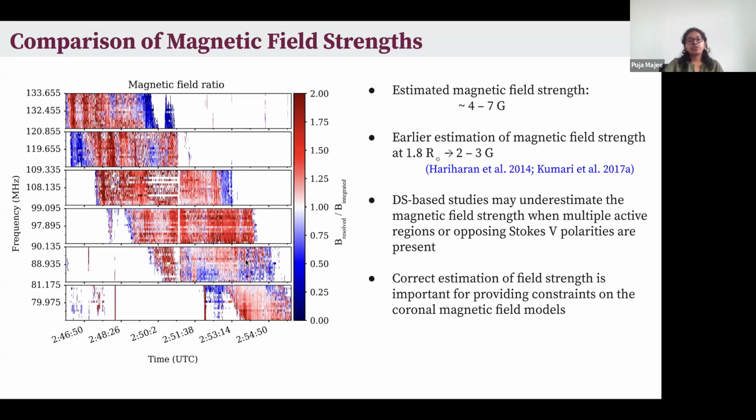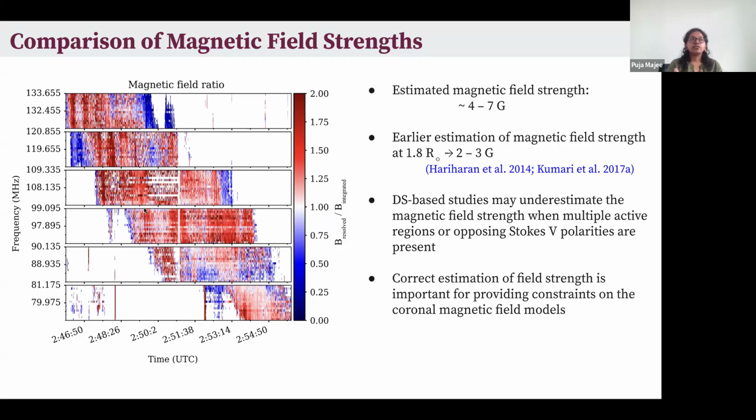This demonstrates that dynamic spectrum based studies may underestimate the magnetic field strength when multiple active regions are present, or there are multiple polarity regions present.